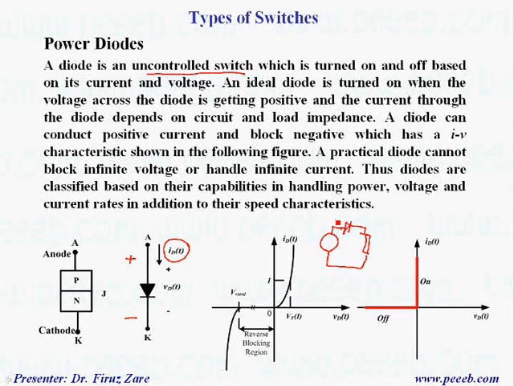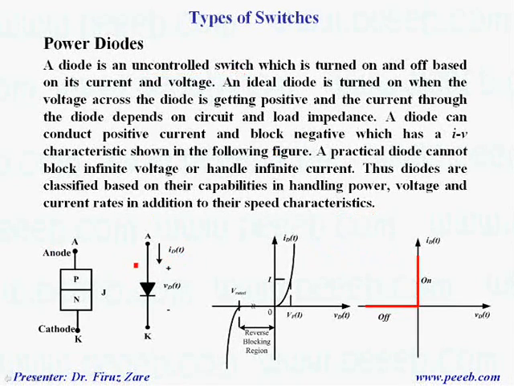Once we have positive voltage across the diode and it conducts, the voltage across the diode is very low or almost zero. So the input voltage appears across the load, and if it is a resistive load, the load impedance defines the current through the diode.